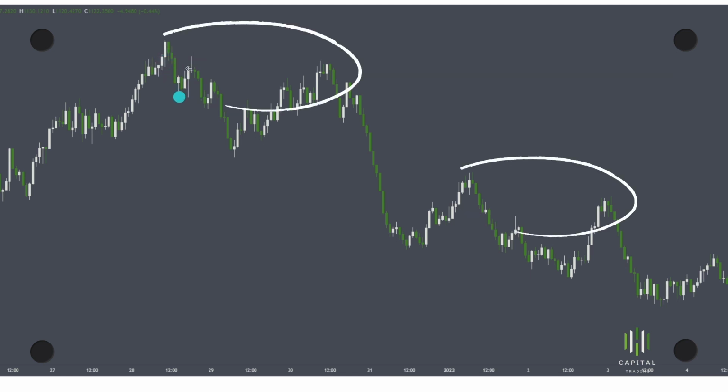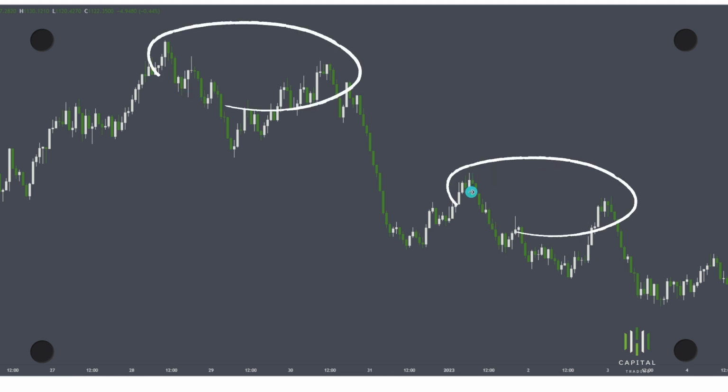So price did that. They came and then they tested the opening of this candle and they continued on the downside. And they did the same thing at a later time. They still came back up and tested the low of this candle and went on the downside. We have another example here.